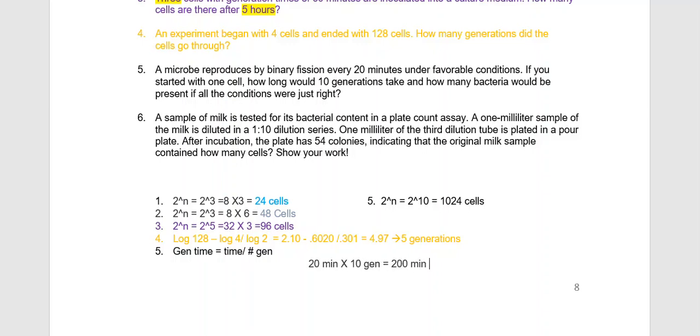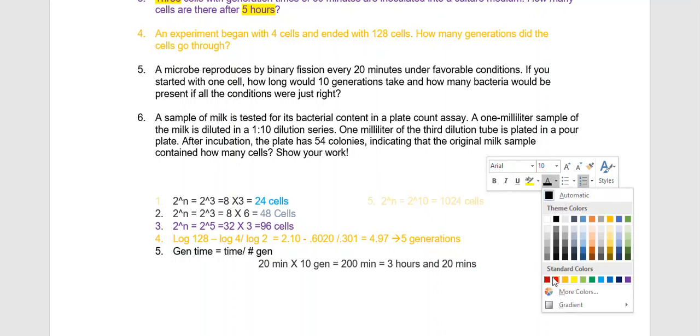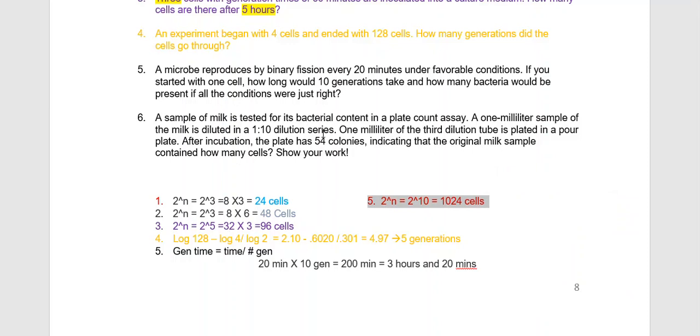And we can take that 200 minutes and convert that into hours and minutes, and that becomes about 3 hours and 20 minutes. So we'll just make this color correspond to, we haven't done red, so we'll do red for this.